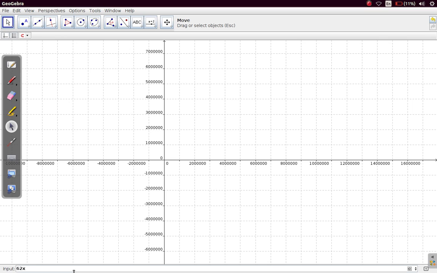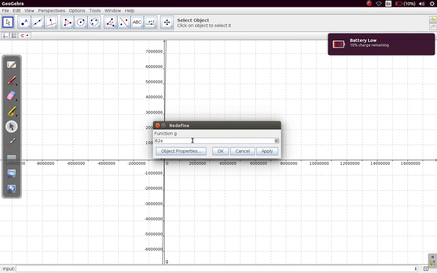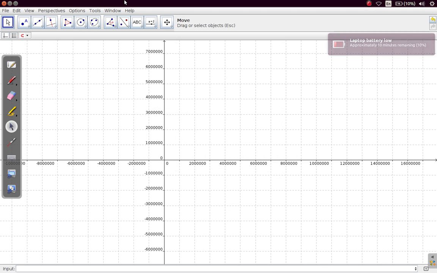That's 62x. Let's square the x to the power of 2.